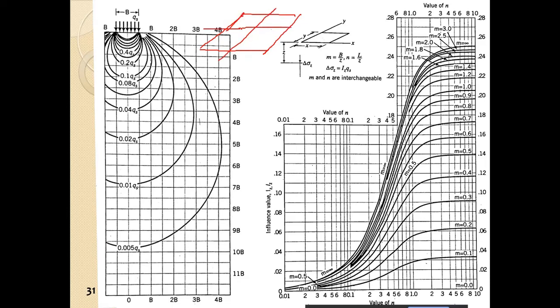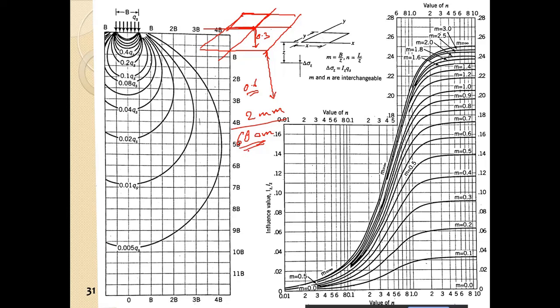So what is the increment at this point, due to this loading only? This is 0.3, so we have to consider 0.6 depth to find out the strain. So strain will be 2 mm by 60 centimeter, that is.